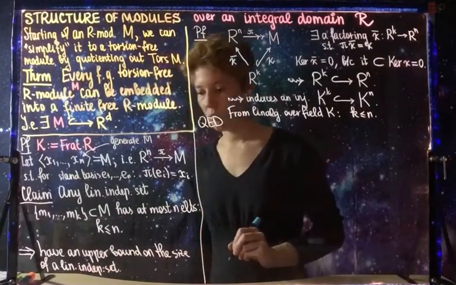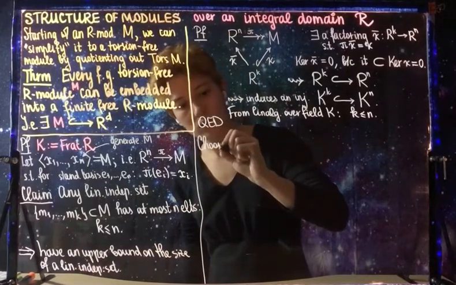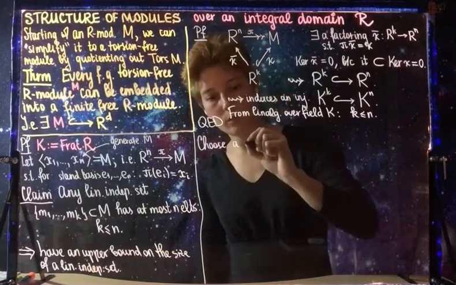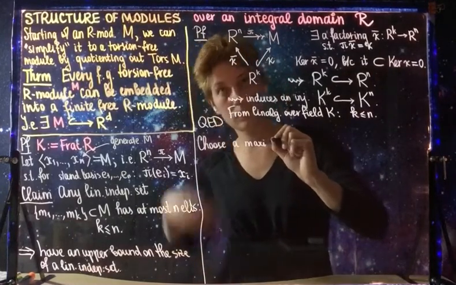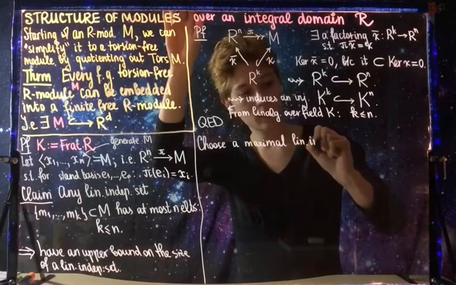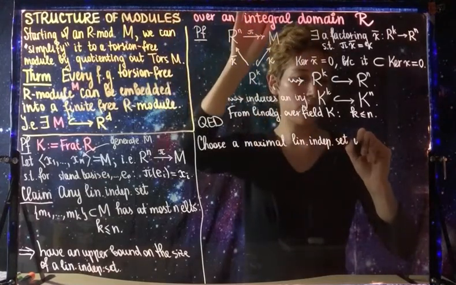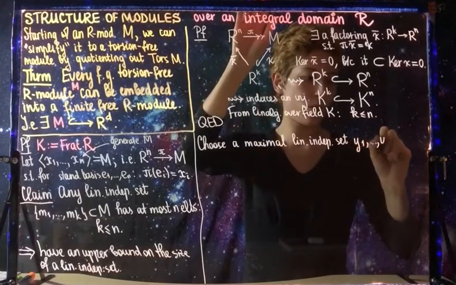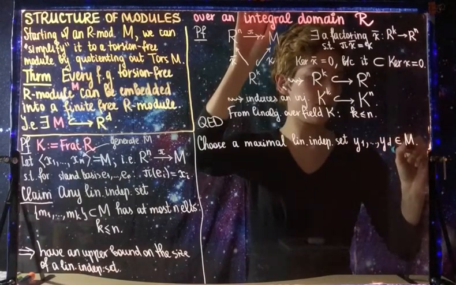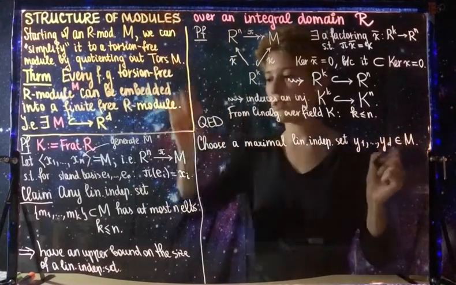So, since we have an upper bound, we can choose a maximal linearly independent set, and I call it y1 through yd in M. So for this set we have that d is at most n.